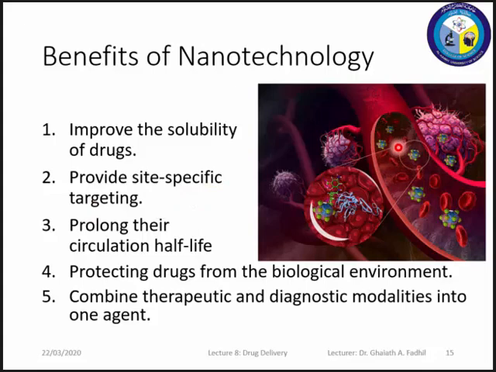So we're only targeting unhealthy tissues, and we're prolonging their action because we are circulating these drugs with the nanomaterial. We are increasing their half-life and their circulation time inside the body, and we are also protecting these drugs from the biological environment.